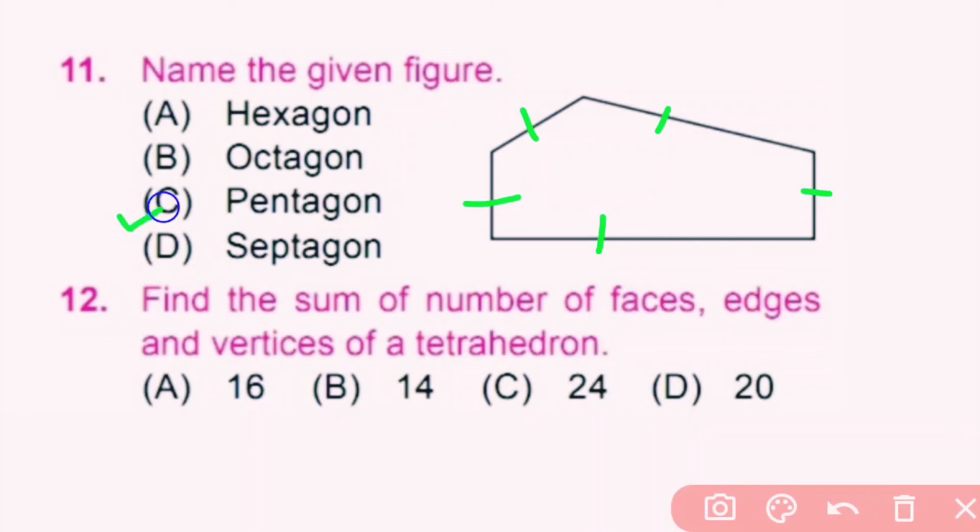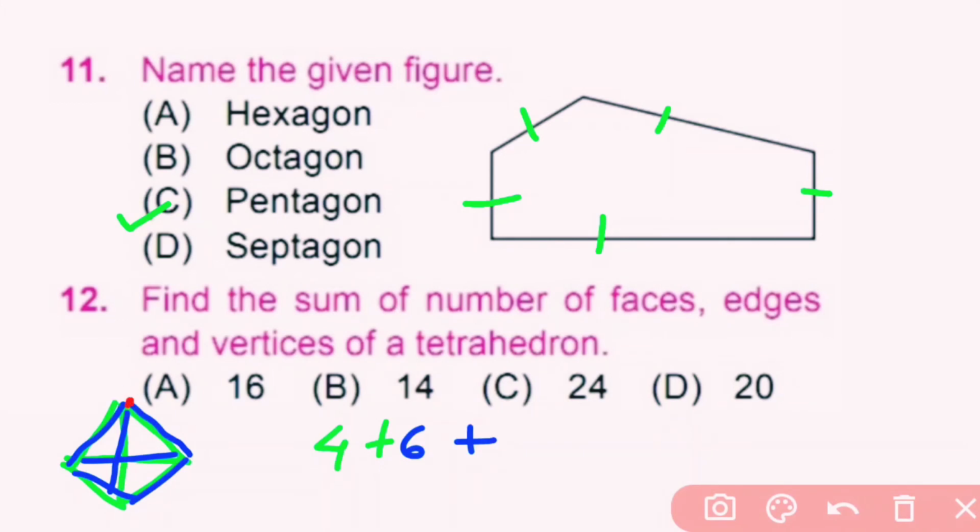So here C is the correct answer. Question number 12. Find the sum of the number of faces, edges and vertices of a tetrahedron. The shape of a tetrahedron is like this. There are 4 faces, 6 edges, 4 vertices, and the sum of these is 14. So here B is the correct answer.